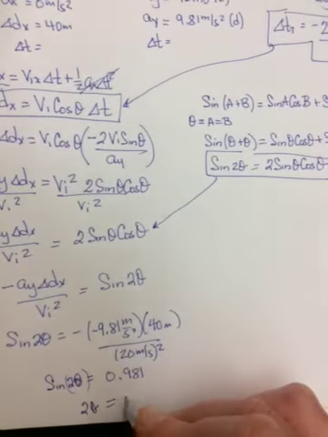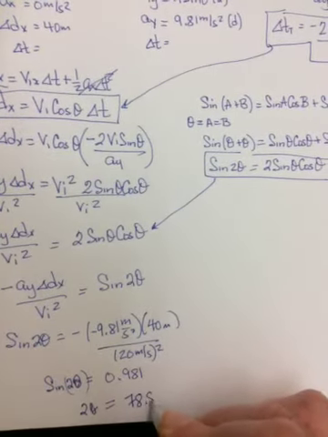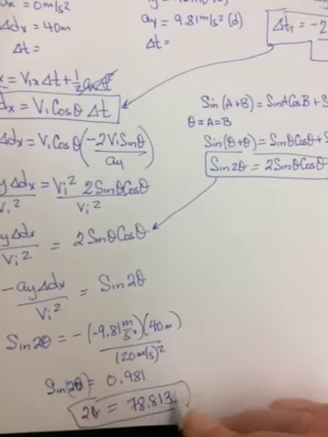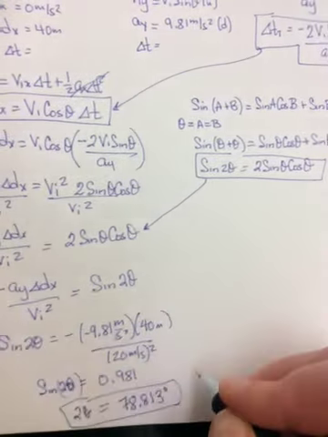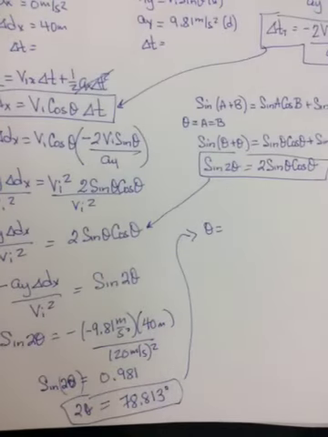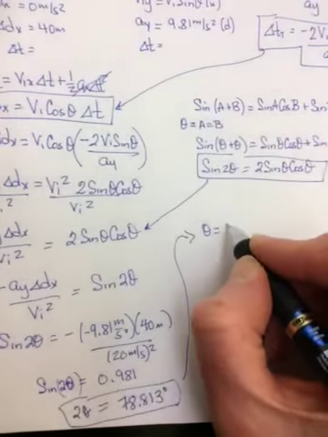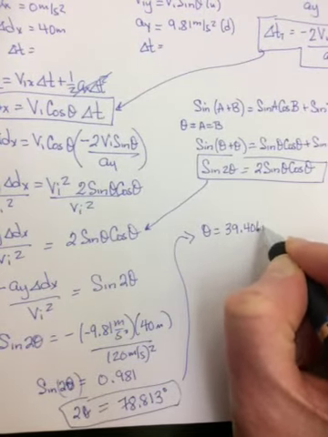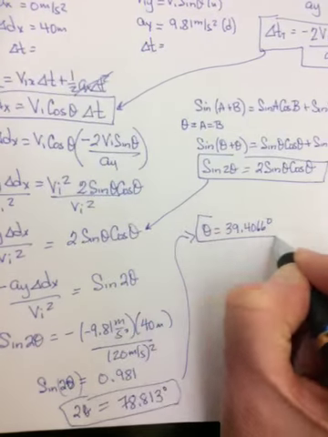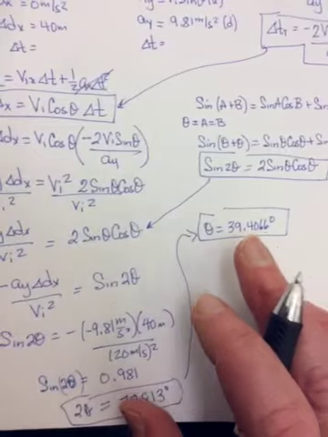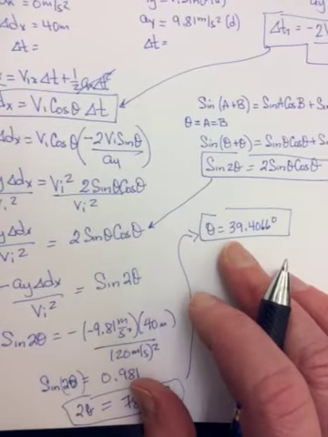And when you do, you should get 78.813 degrees. But I want theta. So divide both sides by 2, and you get 39.4066 degrees.